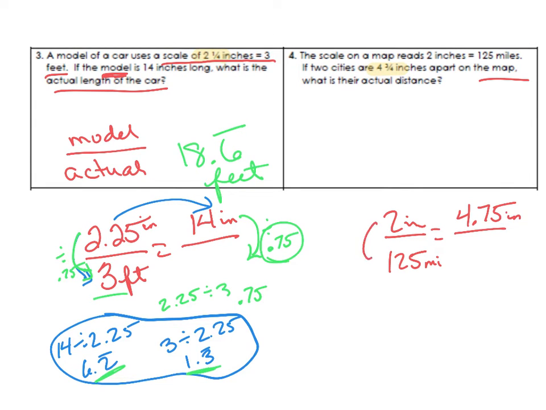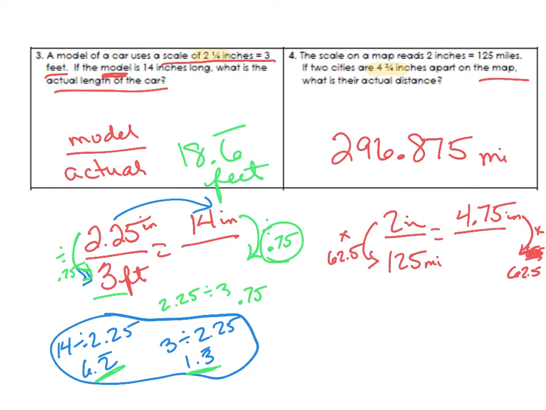Now, this is which way I am going to go. 125 divided by 2, I know that's going to give me a very nice number, 62.5. So this should be 62.5 times 4.75. And that's going to give me 296.875 miles. And I'm just going to write down the entire decimal.